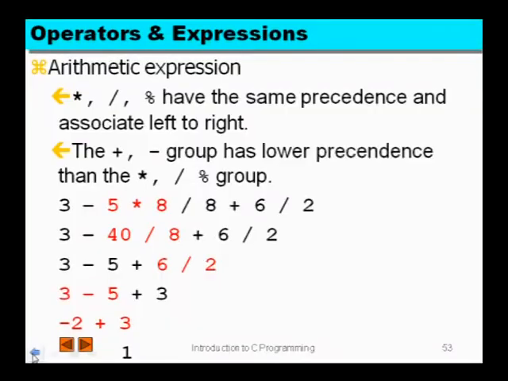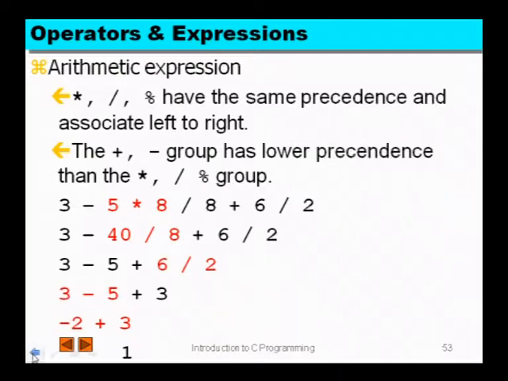Here, asterisk (multiplication), division and percentage have the same precedence and they associate from left to right. Associativity refers to the way the operators are evaluated. Most operators associate from left to right and some from right to left.